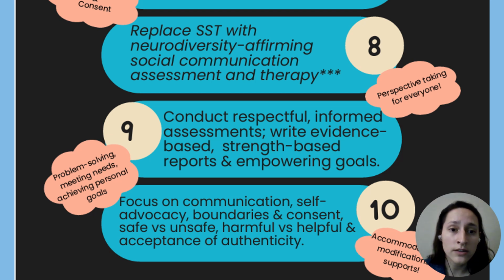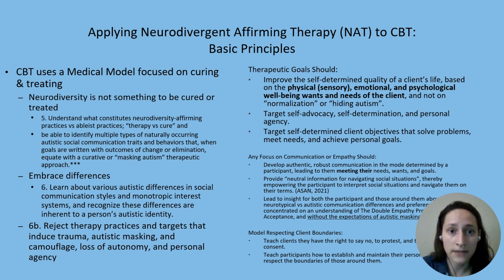Replace social skills training with neurodivergent affirming social communication assessment and therapy. Conduct respectful, informed assessments. Write evidence-based, strength-based reports and empowering goals. Focus on communication, self-advocacy, boundaries and consent, safe versus unsafe, harmful versus helpful, and acceptance of authenticity.